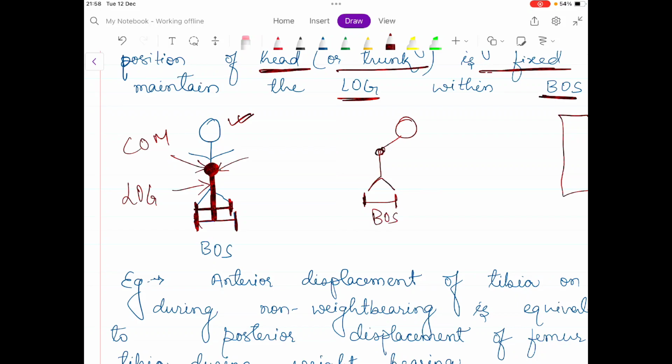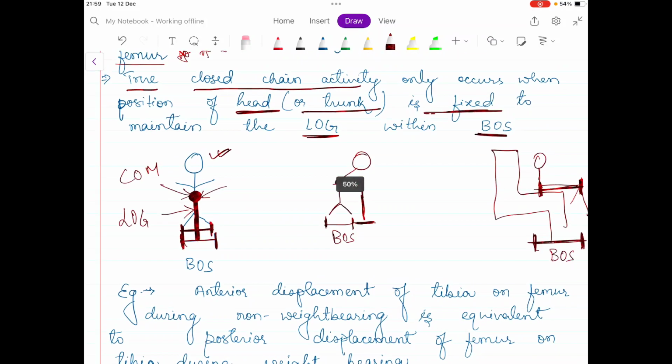The center of gravity will basically shift towards the anterior side. So when it shifts towards the anterior side, there is a chance that the line of gravity might lie outside the base of support.